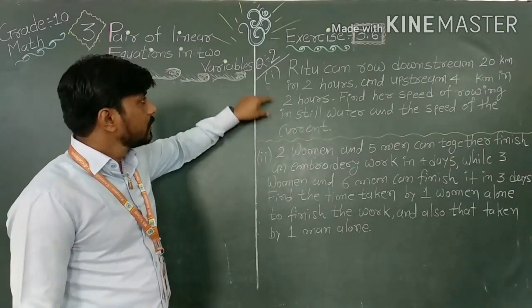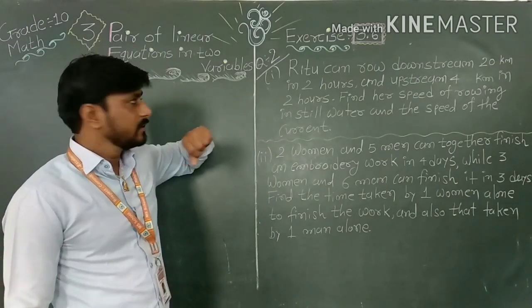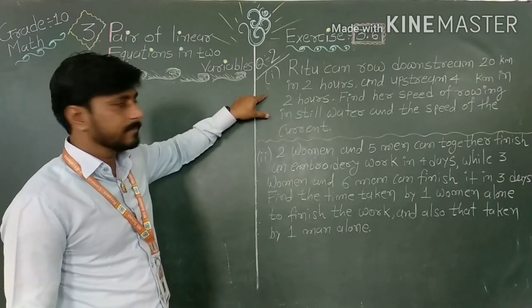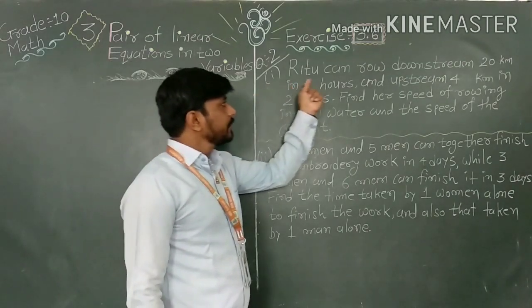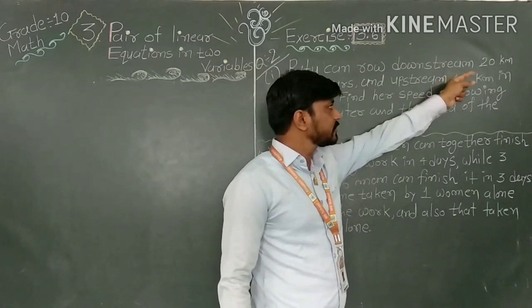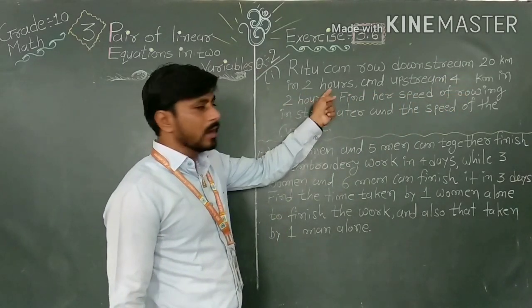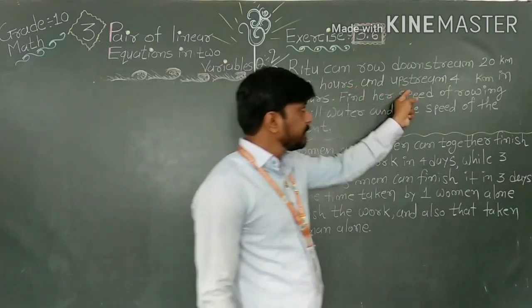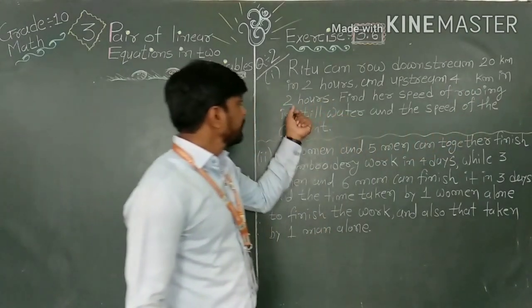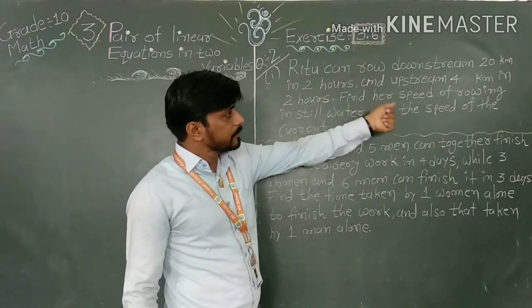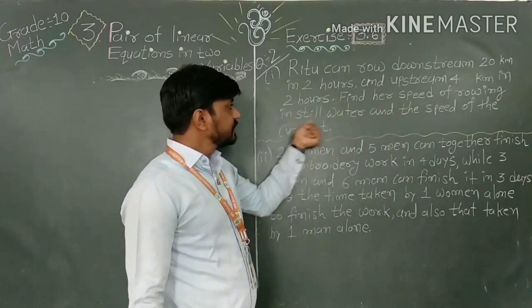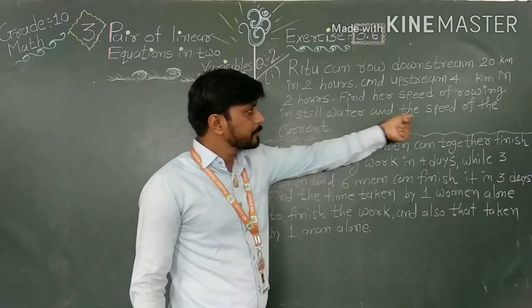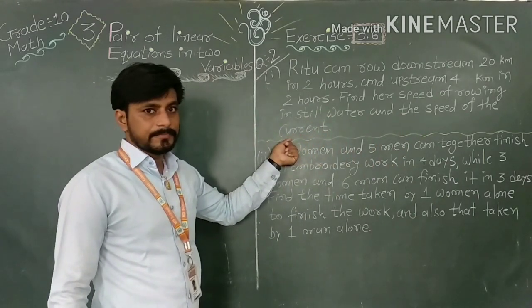Now first of all I read out the first example. Ritu can row downstream 20 km in 2 hours and upstream 4 km in 2 hours. Find her speed of rowing in still water and the speed of the current.